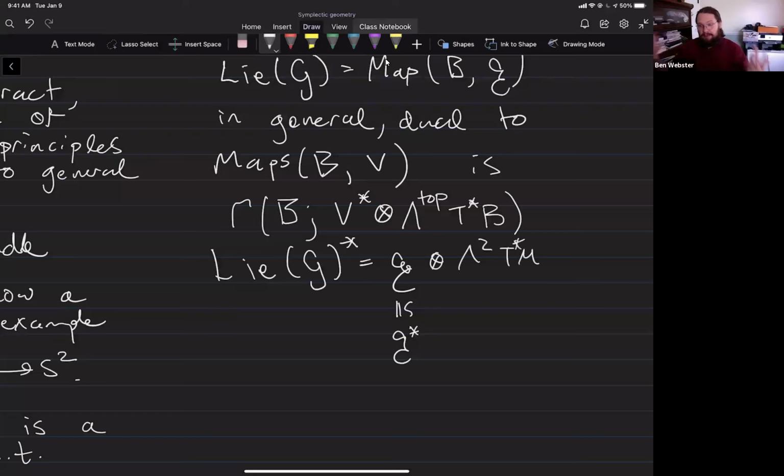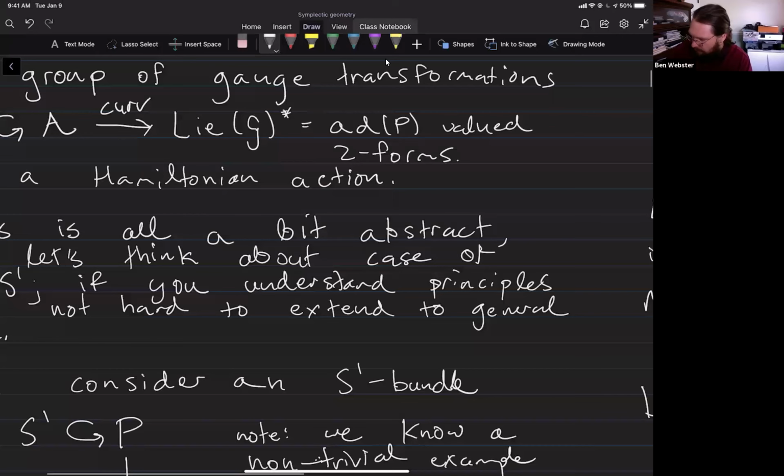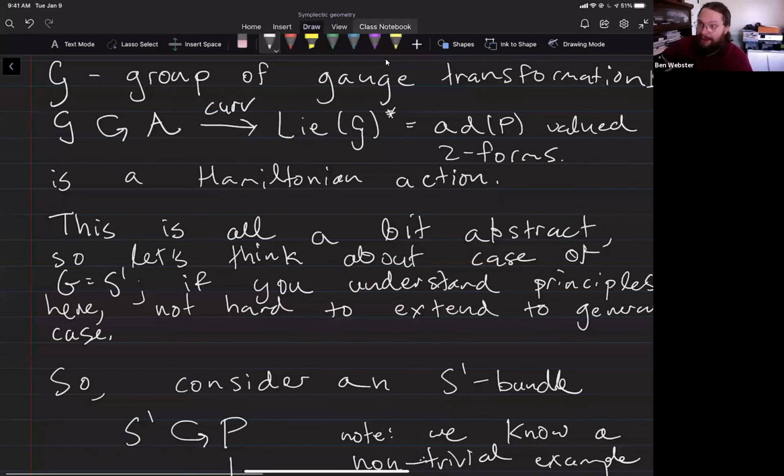I take 2 forms valued in the Lie algebra. All right, great. And of course, that's the same place the curvature lands, is in 2 forms valued in the Lie algebra. So that's why at least the spaces involved line up.